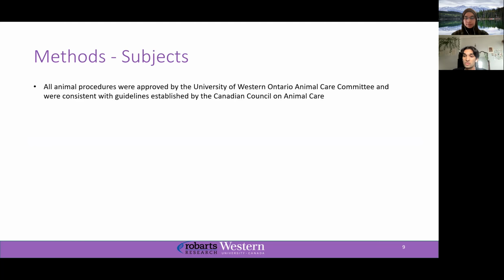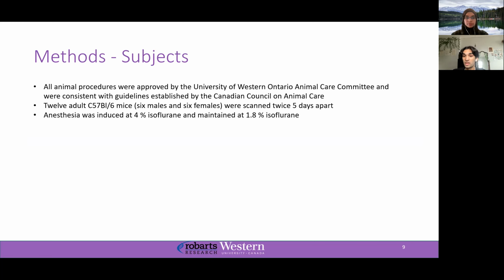All animal procedures were approved by the University of Western Ontario Animal Care Committee and were consistent with guidelines established by the Canadian Council on Animal Care. Twelve adult C57 black 6 mice, 6 males and 6 females, were scanned twice, 5 days apart. Before scanning, anesthesia was induced with 4% isoflurane. Following induction, isoflurane was maintained during the imaging session at 1.8%.